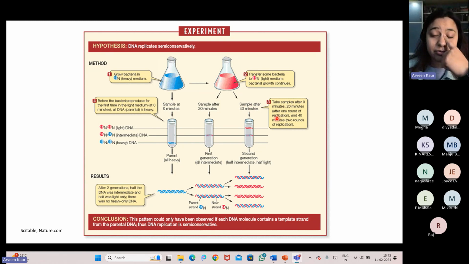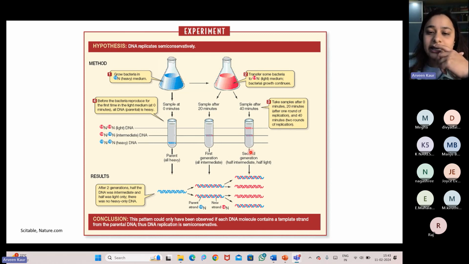Then after 40 minutes, in the second generation, half intermediates were obtained, because now the parent generation was lost, as it is continuously growing in light chain media, right?